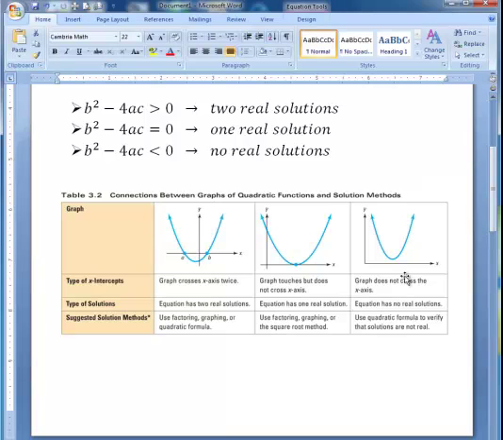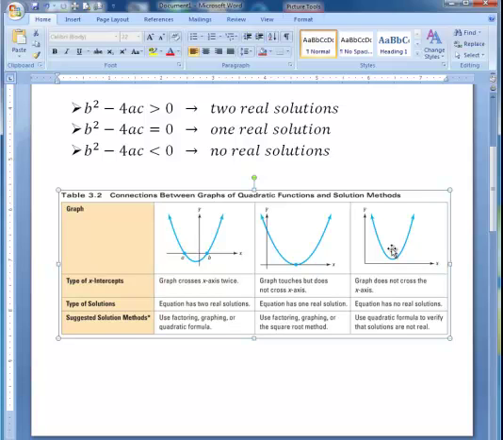And finally, my last example over here is when b squared minus 4ac is less than 0. That means that I get an imaginary number underneath my radical. And you can't really graph imaginary numbers, not in the xy plane, like we know. Again, all of this can be determined using your quadratic formula.